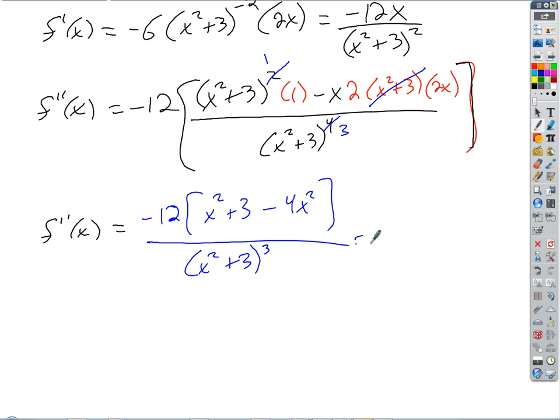Which finally equals negative 12 times 3 minus 3x squared.